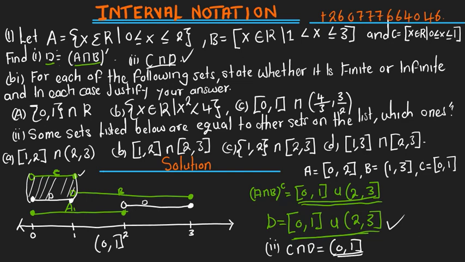The second question, they are saying, for each of the following sets, state whether it is finite or infinite, and in each case, justify your answer. Okay, so for the first one, you've got [0, 1] intersecting with all real numbers.